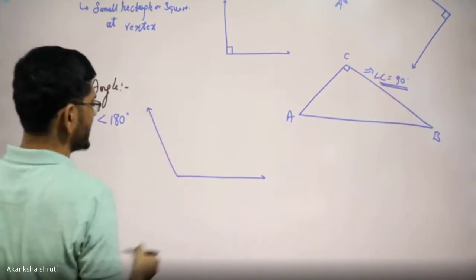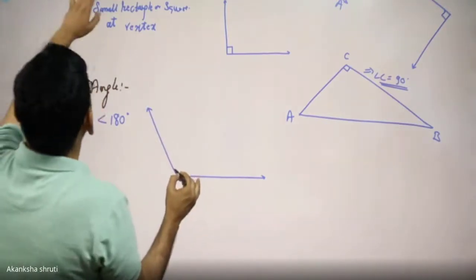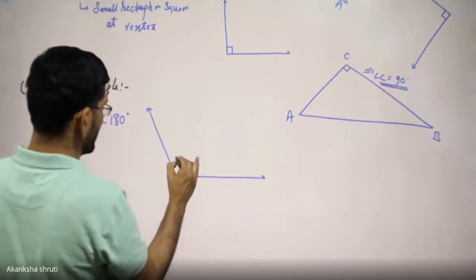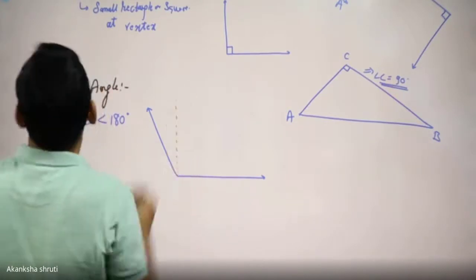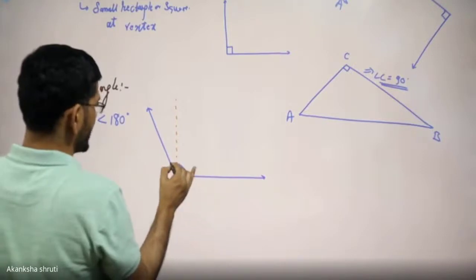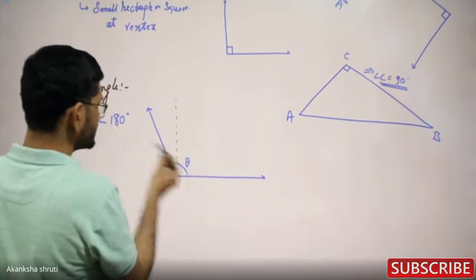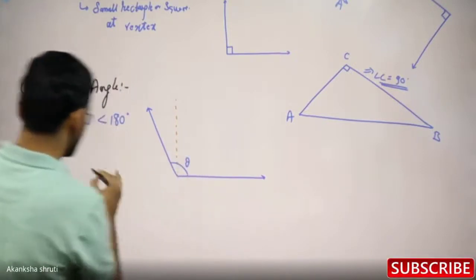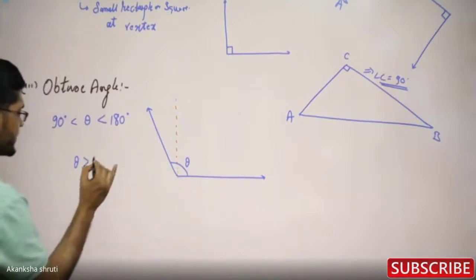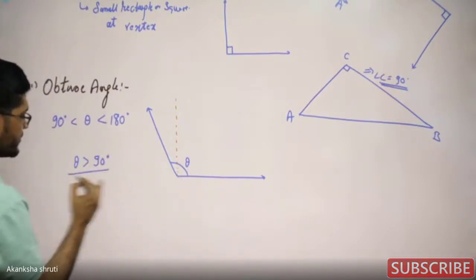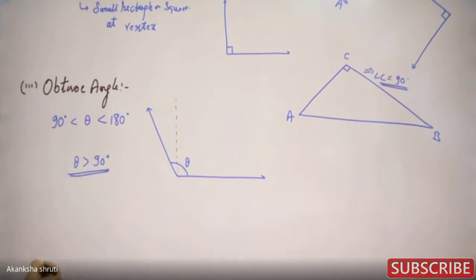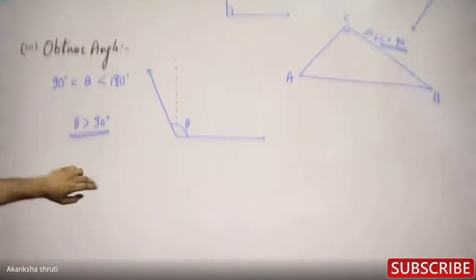Here we are getting that our right angle line is just perpendicular to this. So if we have drawn this much angle, theta, this is greater than 90 degree. Keep in mind. So theta greater than 90 degree is simply called an obtuse angle, but it has the upper limit that it should not exceed 180 degree.